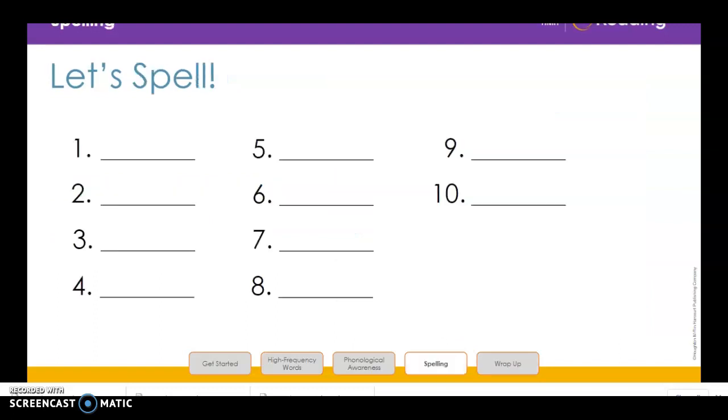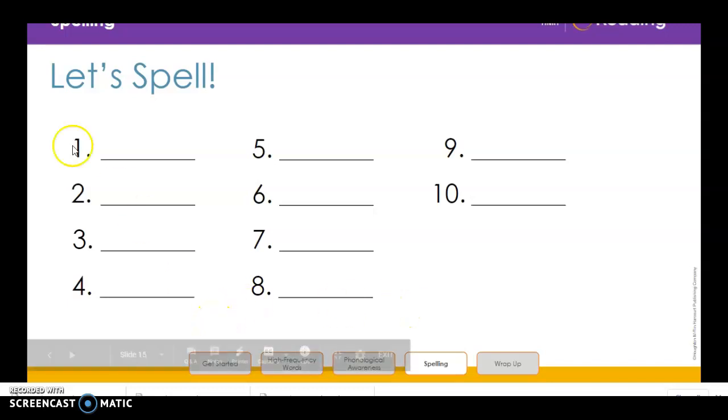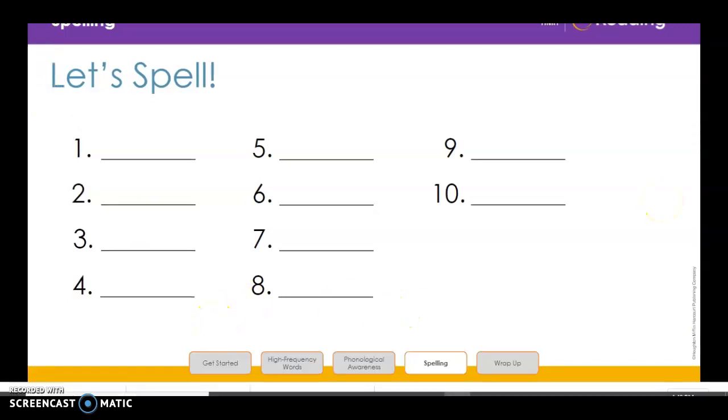But first, pause the video and get your journal and a pencil and get ready to practice spelling some words with me. I will say a word and a sentence that uses that word. Listen carefully and use your best handwriting to write the word I say. Don't wait till the end of the video to write your words because they won't be there this time.